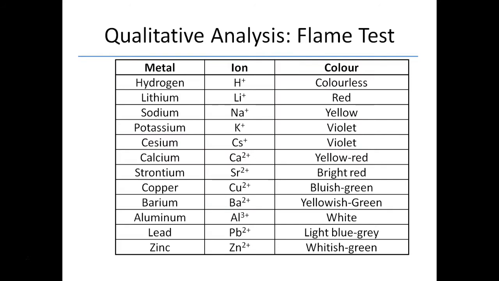So if I had a blue solution that suggested that either copper or chromium was present, I could take that solution and put it into the flame of a Bunsen burner. Depending on the color that it turns, that would allow me to distinguish whether it was copper-2 or chromium-2.